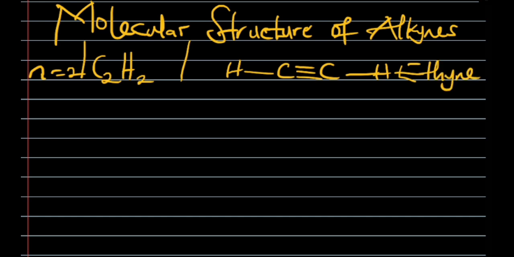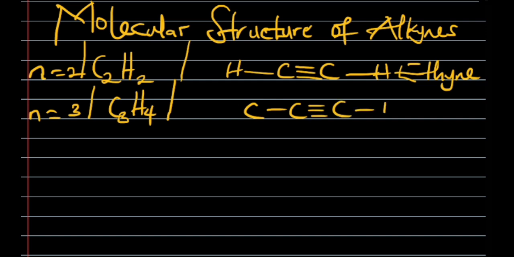Then the second one, C3H4: we have 1, 2 carbons, 1 hydrogen there, and 1, 2, 3. If you write the molecular formula of this, the first thing we have is CH3, then C, triple bond, then CH. So this is our propyne.